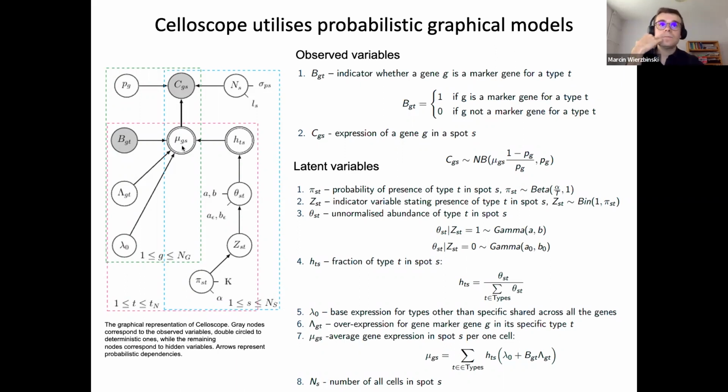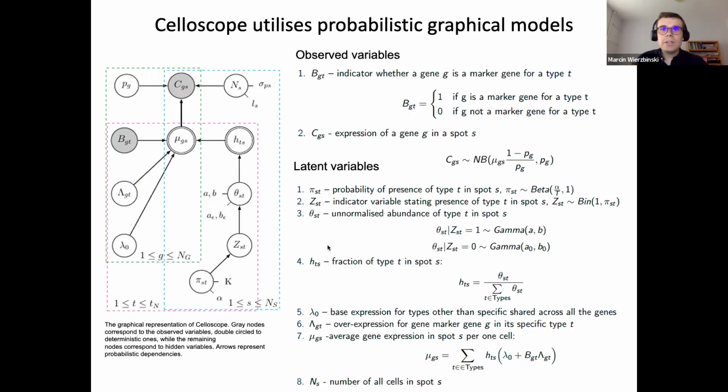For instance, this variable mu GEs depends on a few variables from this side, and we can observe this dependency from this one. The HTS means the hidden fraction of type T in spot S. Here is a base expression for the types other than the specific shard across all genes. And beta GT means the indicator from previous slides.